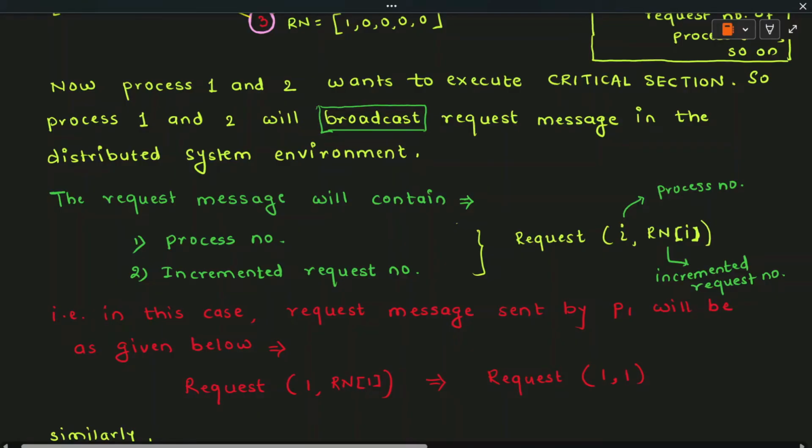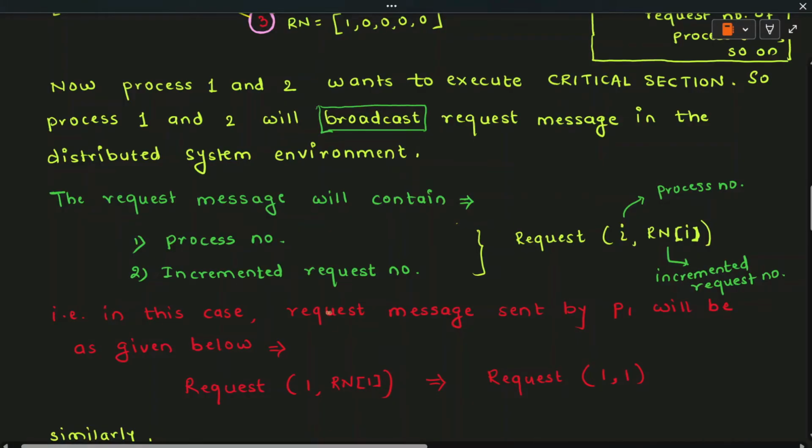The reason behind broadcasting is that the processes don't know which other process in the distributed environment is holding the token, so they need to send a broadcast request so that it will be received by all the processes, including the one which is holding the token.